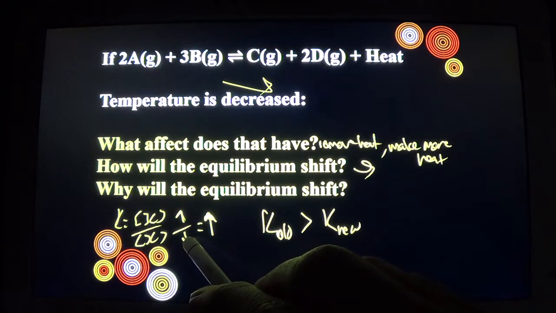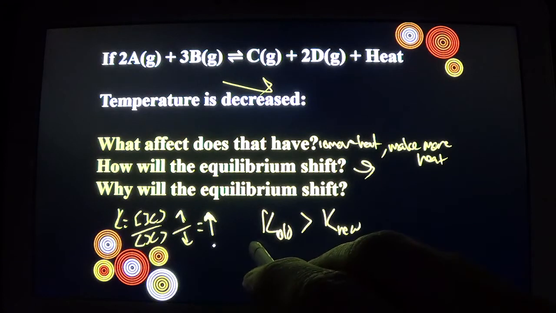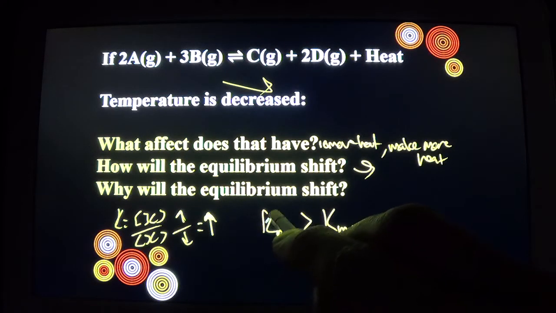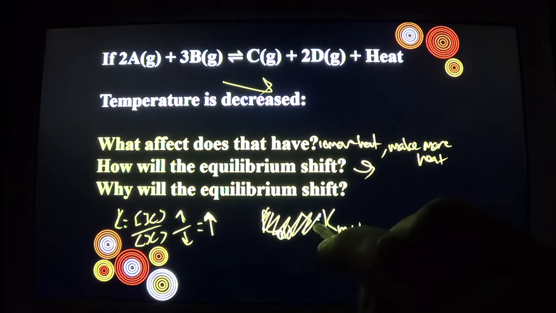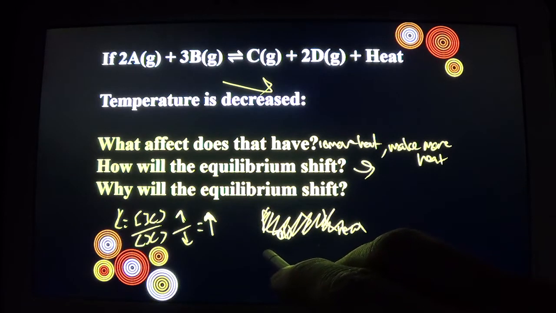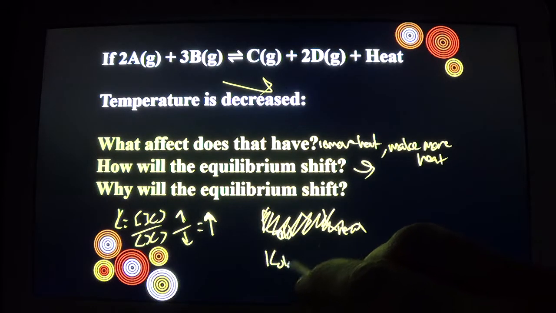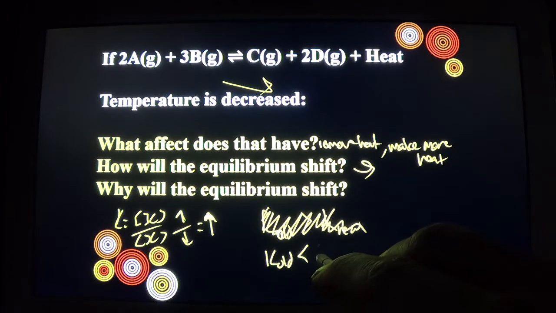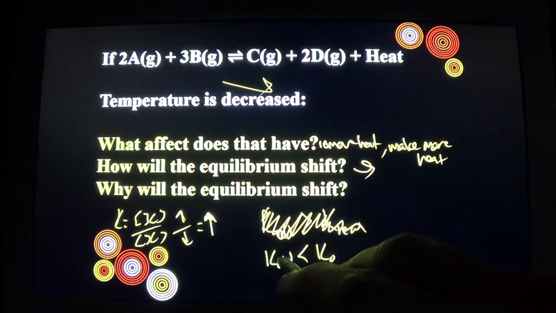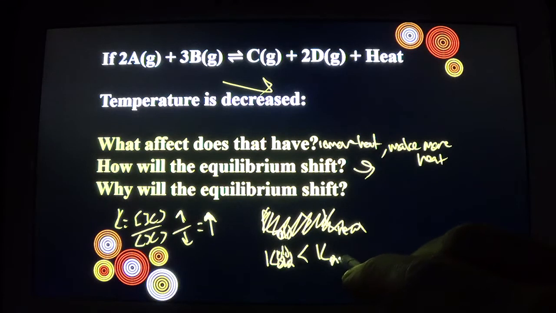That's what I've said, right? Yes. So K new is going to end up greater than K old. K new. Okay, so K new is going to be greater than K old.